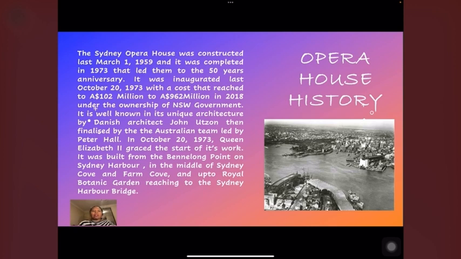It is well known for its unique architecture by the Danish architect Jørn Utzon, then finalized by the Australian team led by Peter Hall in 1973.